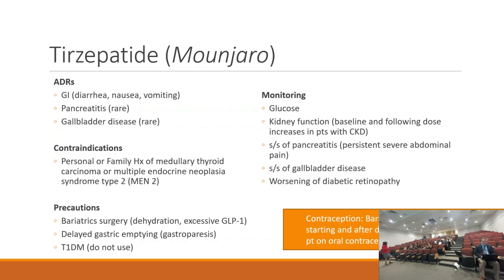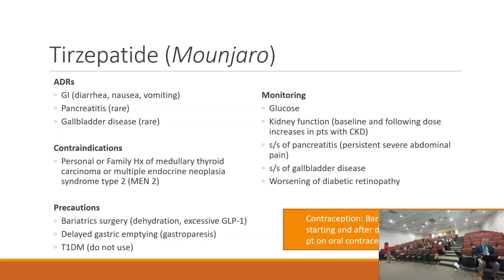That's due to some of the risk of gastroparesis. And then there's also the risk that after bariatric surgery, there is actually a spike in natural GLP-1. So there's a specific warning with tirzepatide. Not that you couldn't use it later on down the road, but I wouldn't probably use it right after bariatric surgery.